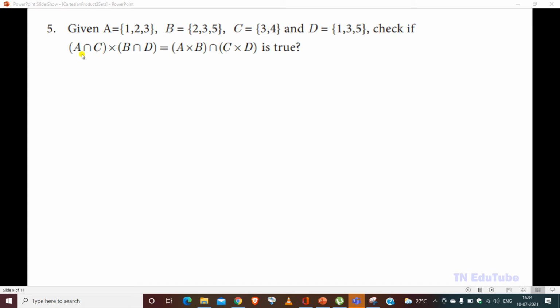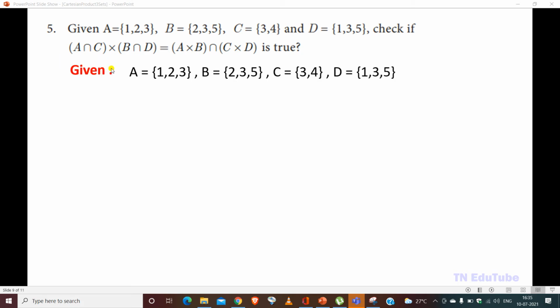So you have to find out the brackets first: A intersection C, B intersection D, A cross B, C cross D. After this, you have to take the cross product of two sets, and here you have to take the intersection of these two sets. You have to check whether it is equal or not.